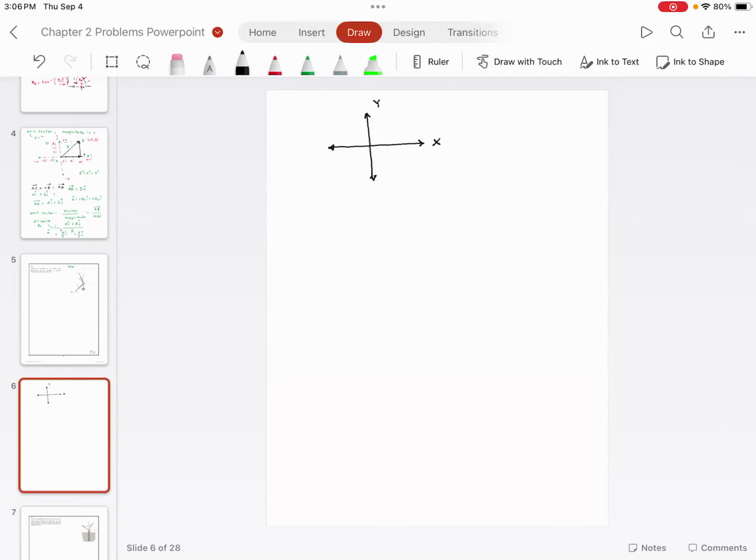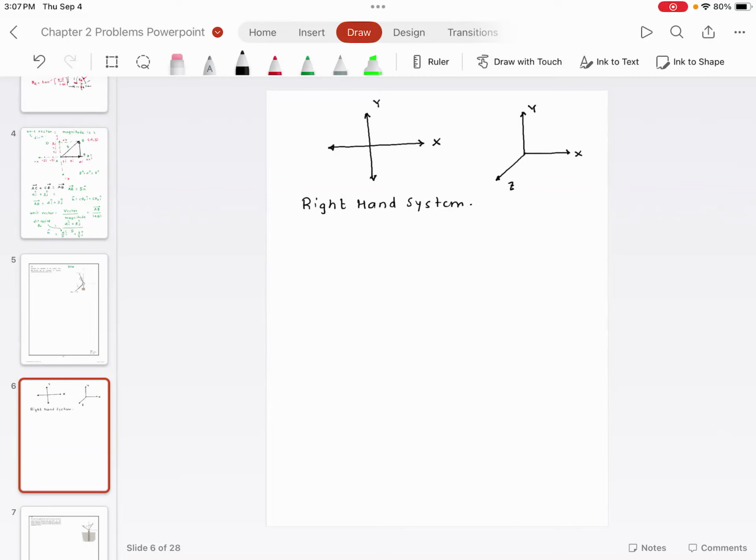Sometimes you deal with a 3D coordinate frame, which means you have X, you have Y, and you have Z. X, Y, and Z. We always use a right hand coordinate system.